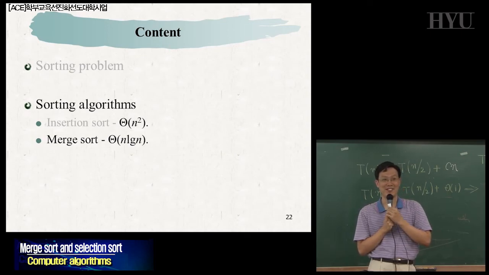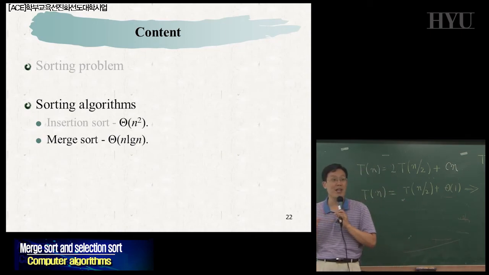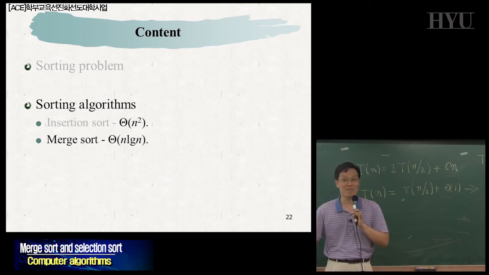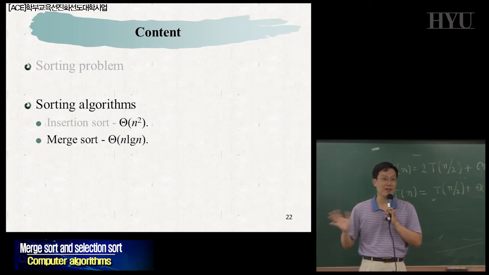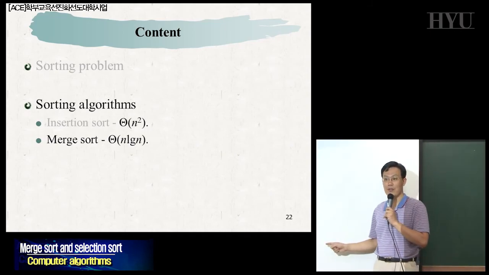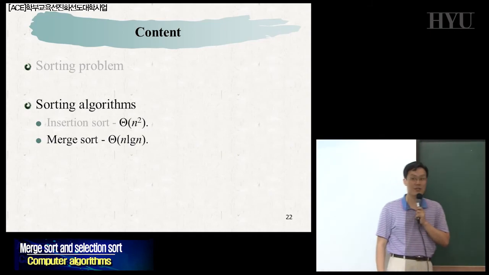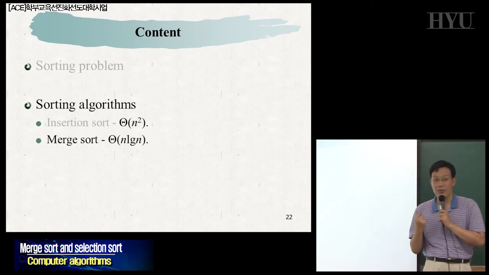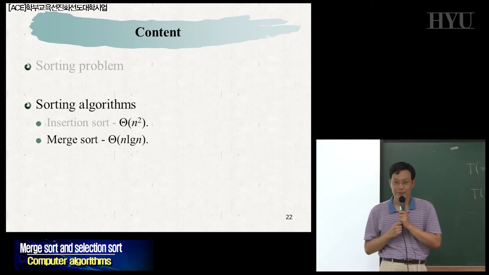No idea? Same? Okay, why? No difference. Yeah, the merge procedure doesn't depend on the key values. It performs merge mechanically. So no difference. Selection sort, no difference, but there is a difference in the case of insertion sort.